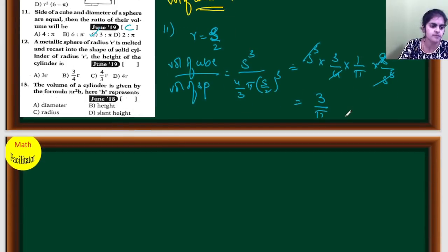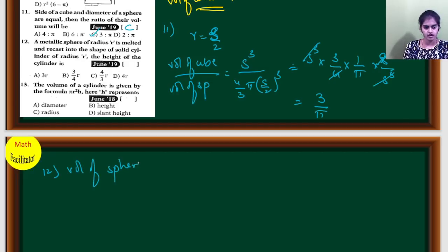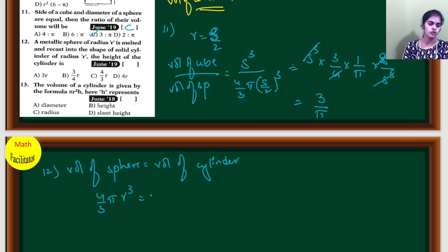Next question, metallic sphere of radius r is melted and recast into a solid cylinder. So which means volume of sphere should be equal to volume of cylinder. So volume of sphere is 4 by 3 pi r cube. This is equal to volume of cylinder is pi r square h. So recast into the shape of a solid cylinder of radius r and height of the cylinder is what?